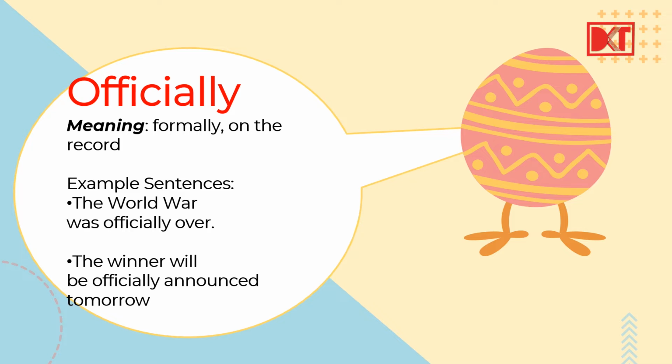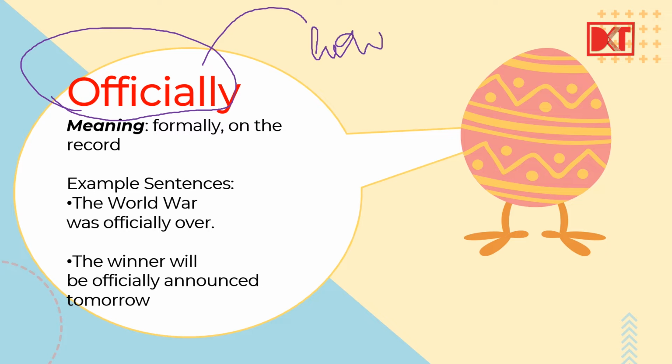So this is another adverb which is officially. This answers the question of again how, and it means formally, on the record. Example sentences are, the world war was officially over. मतलब जब पेपर पे, जब फॉर्मली दोनों सारी कंट्रीज ने मिलके बोल दिया कि हाँ अब फॉर्मली खत्म हो गई, अब हमने ट्रीटी साइन कर दी है, अब ऑफिशियली ओवर है.